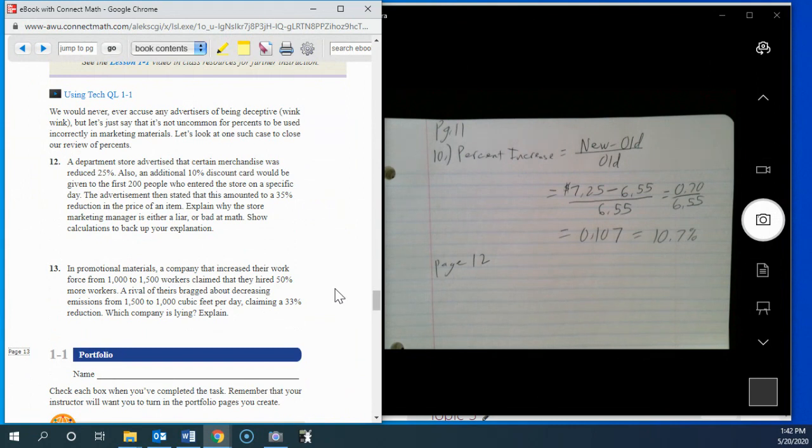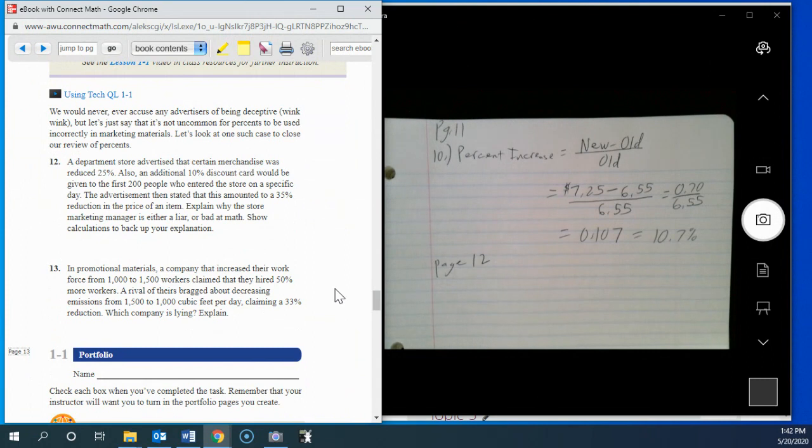Also, an additional 10% discount card will be given to the first 200 people who entered the store on a specific day. The advertisement then stated that this amounted to a 35% reduction in the price of an item. Explain why the store marketing manager is either a liar or bad at math. Show calculations to back up your explanation.